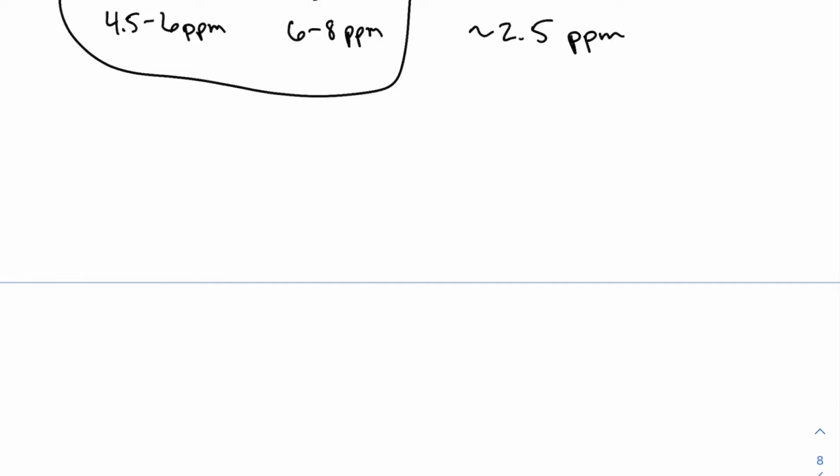So the thing about electrons is that they are always moving and they're not stagnant. And since they are charged particles, they do create their own magnetic field. So when we have pi electrons, let's say we have pi electrons like on benzene.